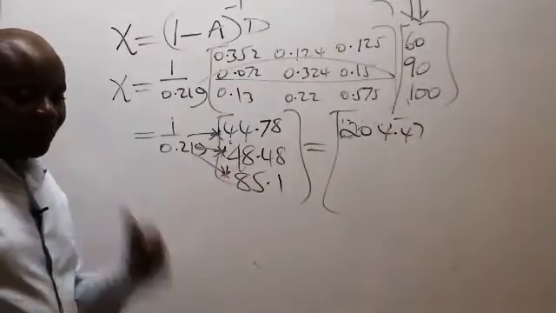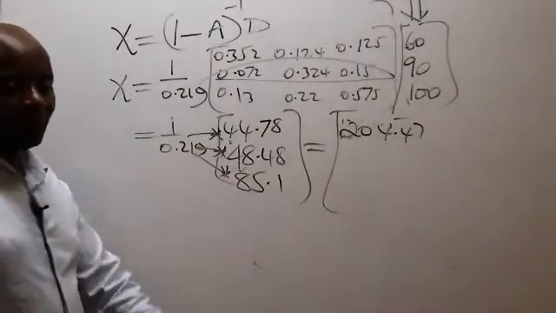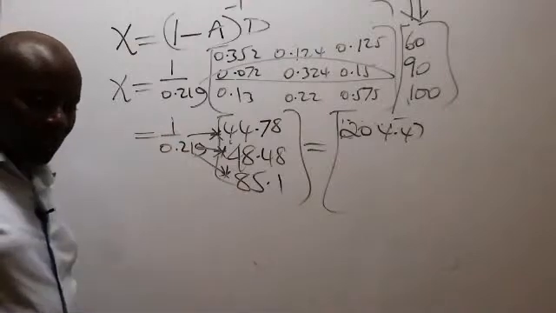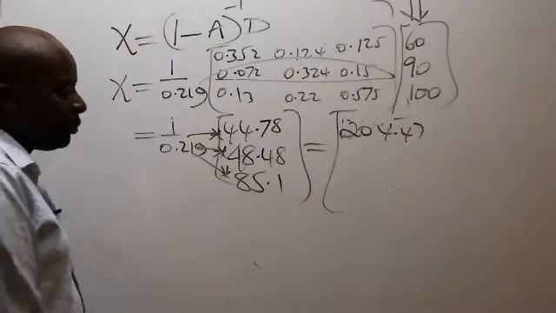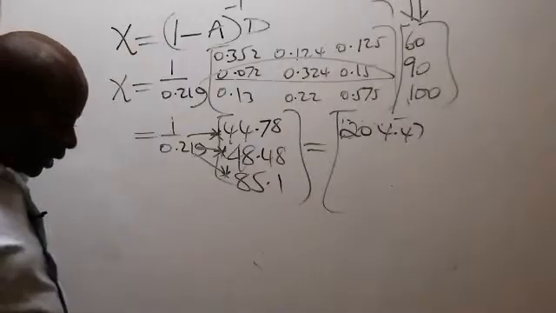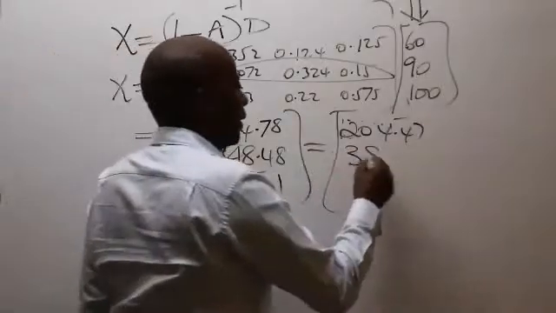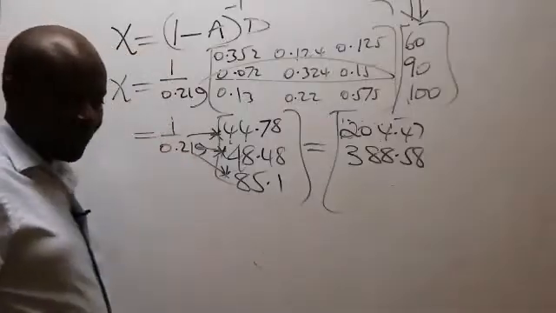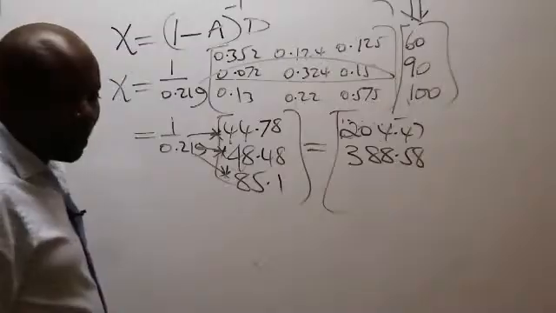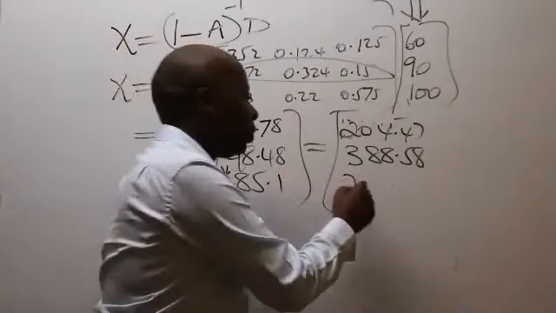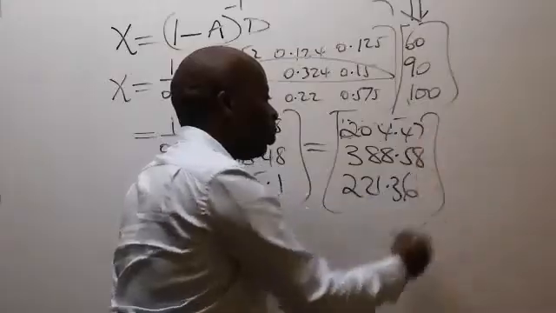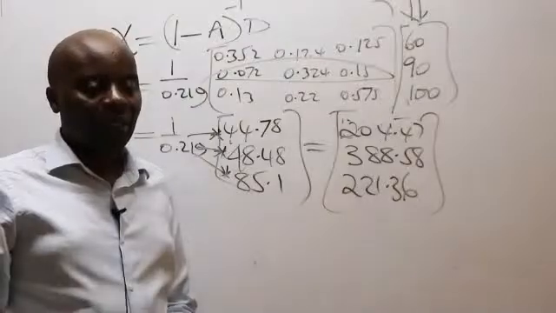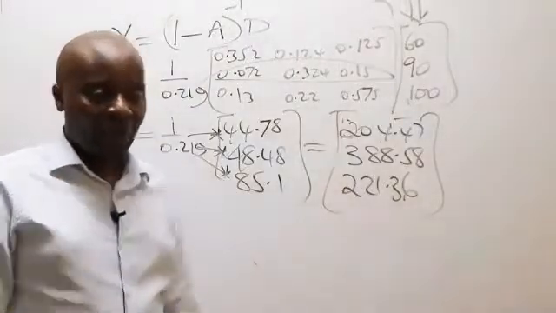Please give me a figure. 388.58. And then the last one is this divided by this times that. 221.36. And that is the answer. That is the final answer.